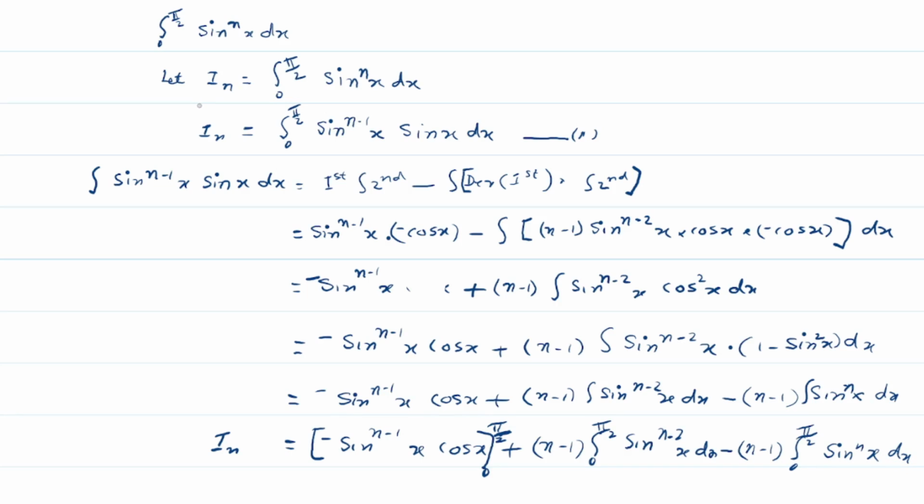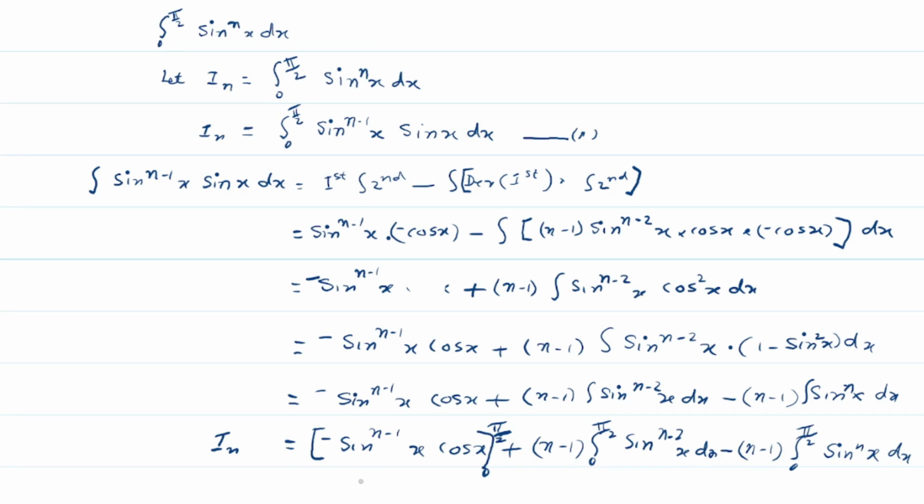Now we will go to the next page. I_n is equal to, putting the values here, the upper value pi by 2: sin pi by 2 is 1, sin 0 is 0, cos pi by 2 is 0, so the upper value is 0.